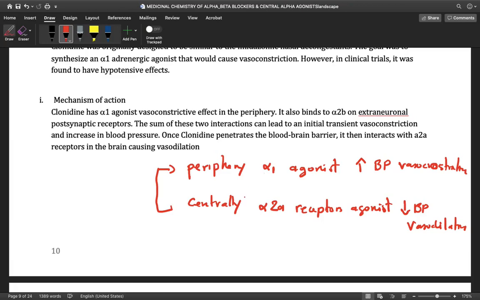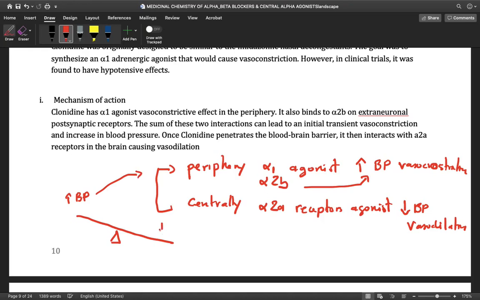Okay. I also need to mention that still in the periphery, it also binds to alpha-2B receptors. Alpha-2B receptors. Okay. All right. And causes an increase in blood pressure. So when you look at clonidine, really you have two effects. So let's say you have a balance here, okay? You have a scale. On one hand, you have increase of blood pressure through the action at the periphery.